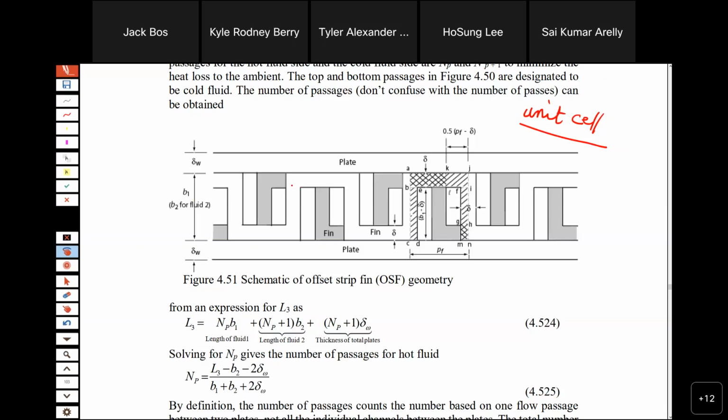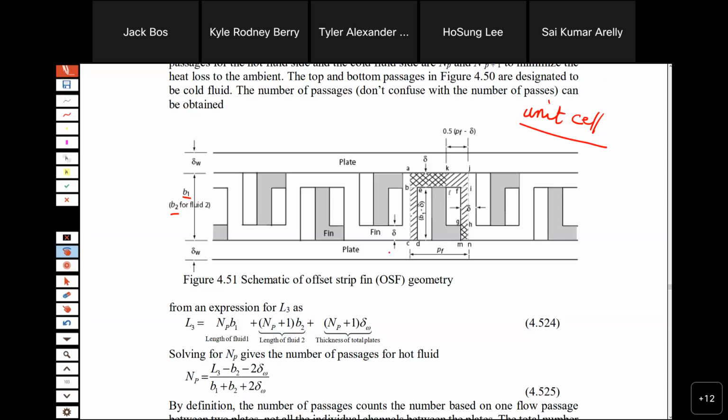Look at that. It's not complete, but it is something like a fin, with a profile length, a concept we use with fins. B1 is for one fluid and B2 is for the other fluid. Whichever is the hotter, maybe the exhaust, has subscript 1. The cold fluid, like air, has subscript 2.